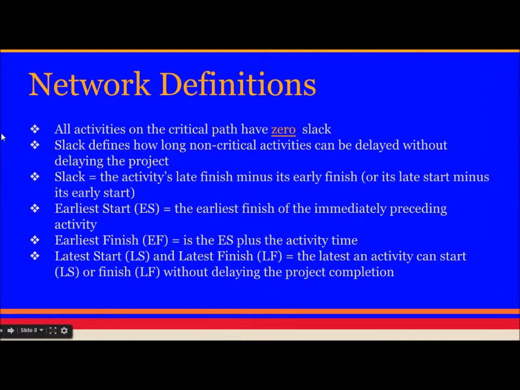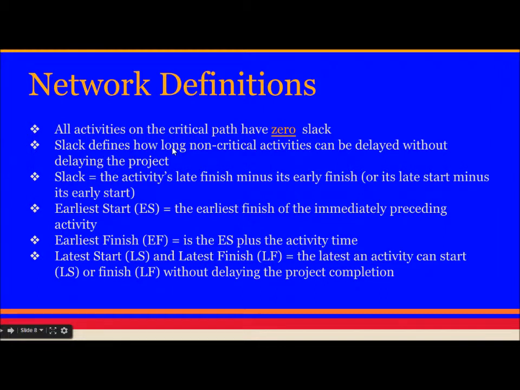Some of the network definitions. All activities on the critical path have zero slack. Whichever is the critical path which we calculated, it has zero slack, meaning we cannot delay at any point. If we delay at any point in the critical path, the project is going to be delayed. So it has a zero slack time.